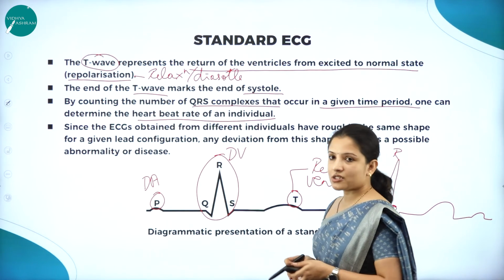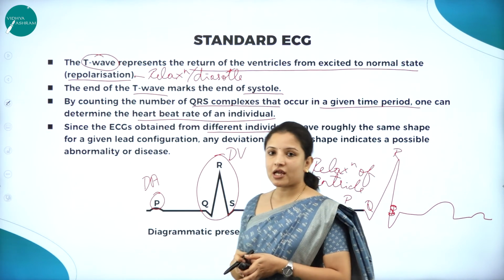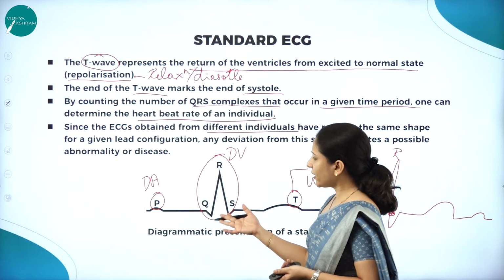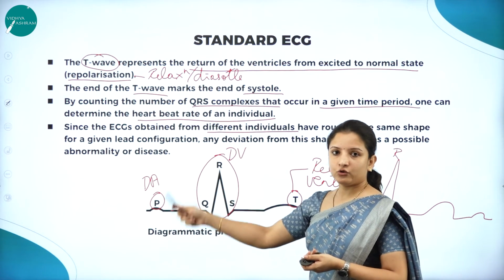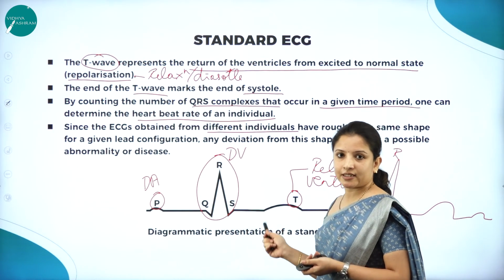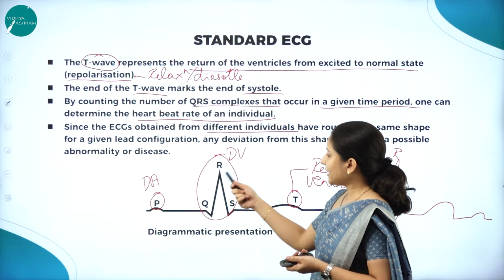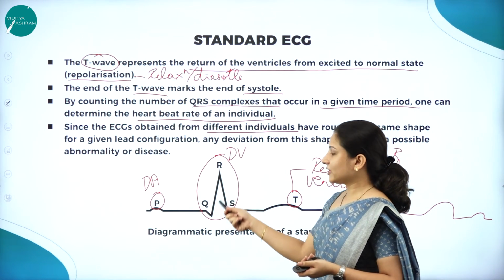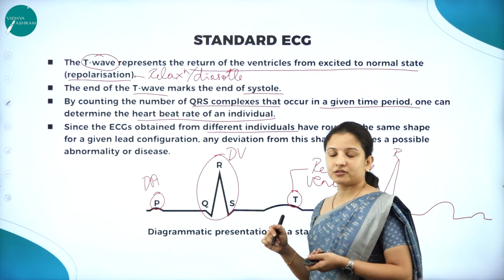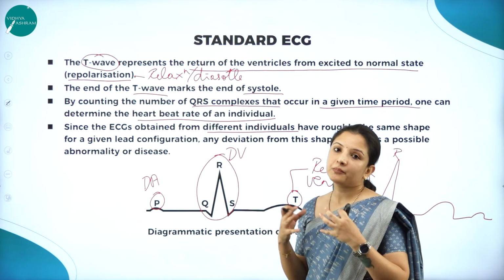Since ECGs obtained from different individuals have roughly the same shape for a given lead configuration, any deviation matters. I told you, any healthy human being's heartbeat should look like this. If any deviation occurs, say for example a decrease in the number of QRS peaks in the ECG of that person, then it is understood that the blood is not getting properly pumped out of the heart.